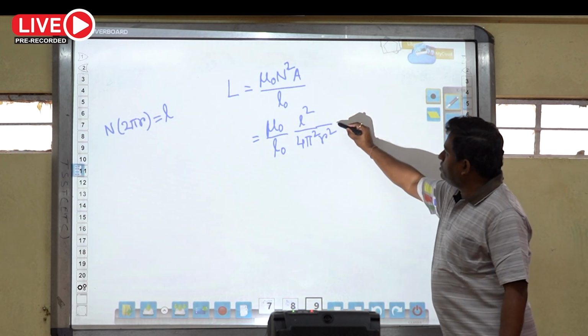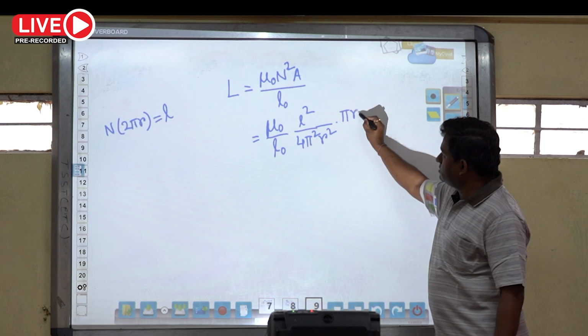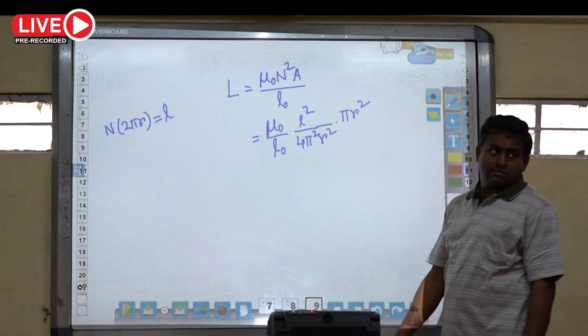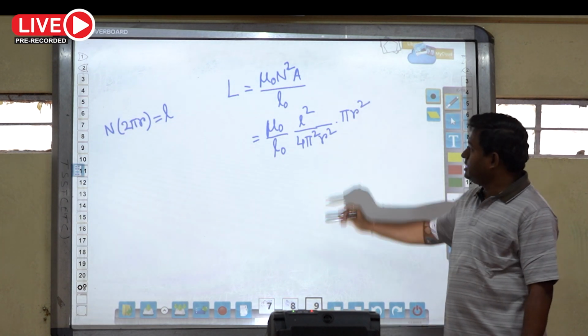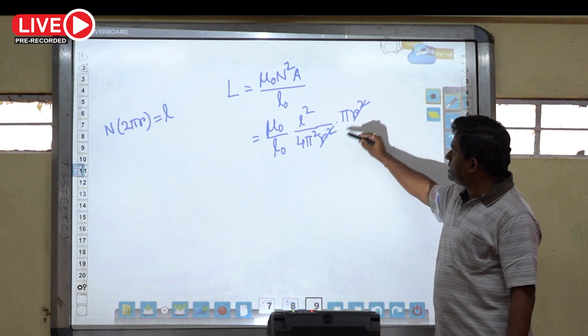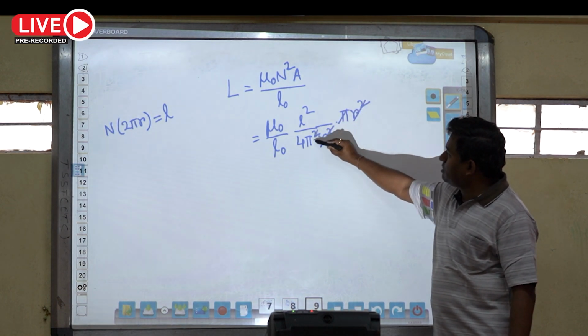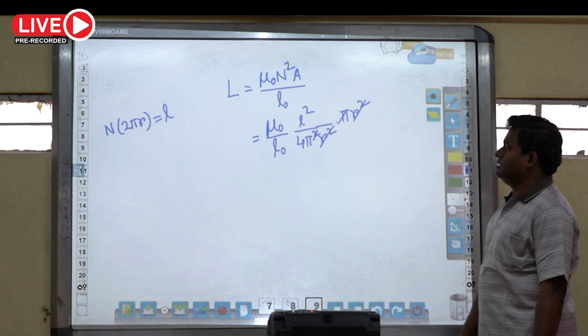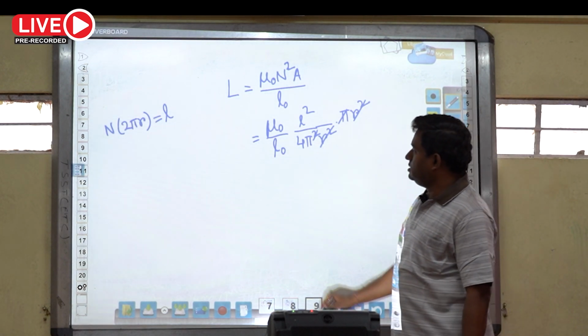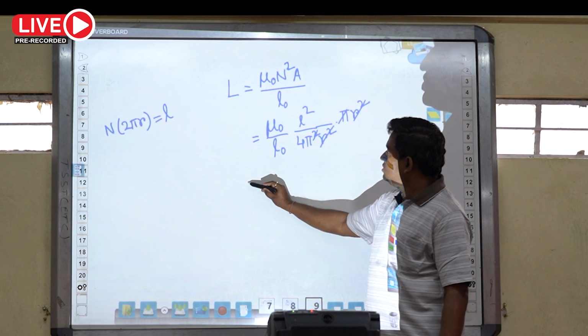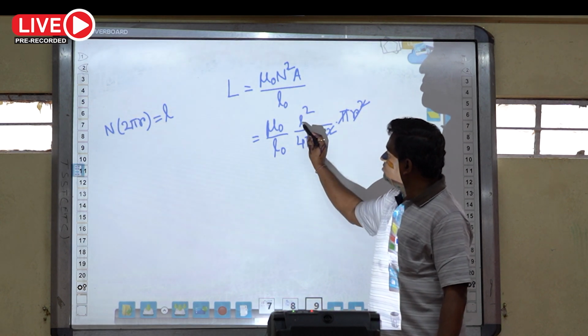Now A we know is also pi R square. Then R square cancels, one pi cancels. Then we have to find the value of this L square.